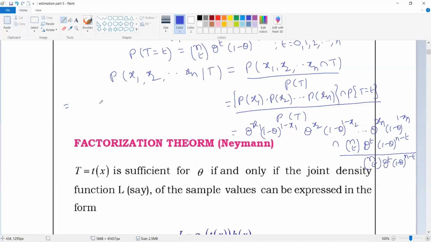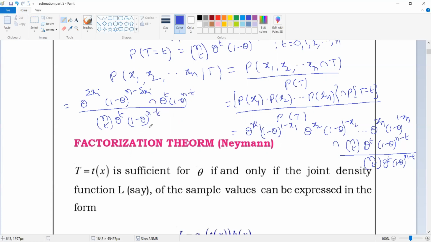Now the common part of the numerator is theta power summation xi, 1 minus theta whole power n minus summation xi, intersection theta power t, 1 minus theta whole power n minus t, divided by nCt theta power t, 1 minus theta whole power n minus t.